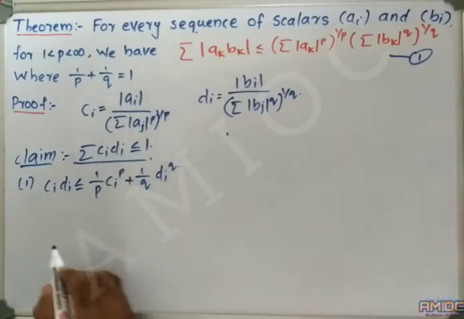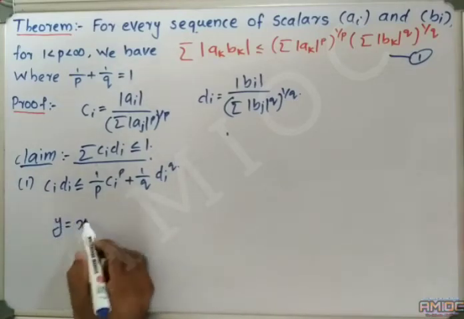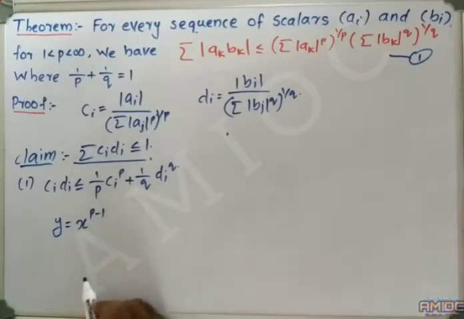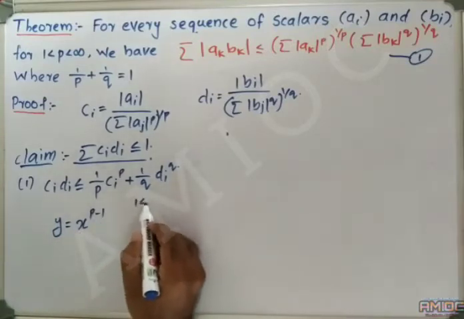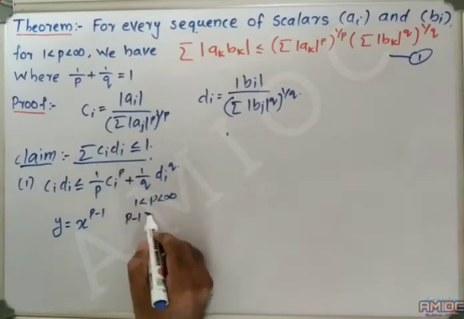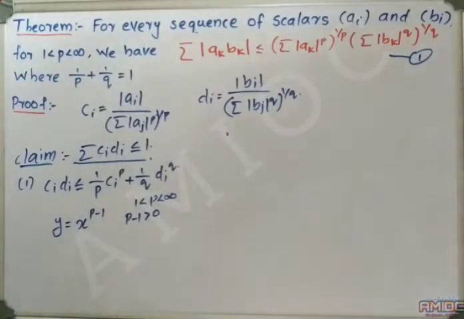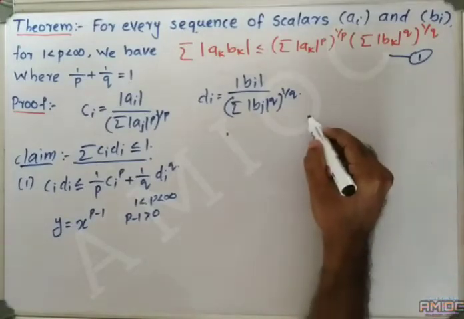For that, first of all I am defining a function y = x^(p-1). Since 1 < p < ∞, we have p - 1 strictly greater than 0, so we can draw this graph.